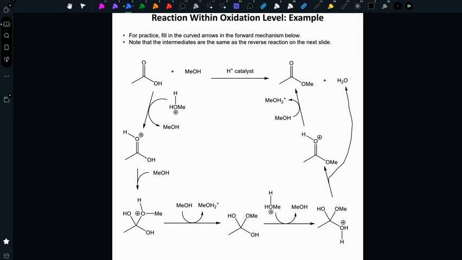So in my mechanism, I see that there's an H plus catalyst, meaning we've added some acid to our mixture, and that acid is going to act as a catalyst. You may or may not have encountered that term before, but a catalyst is a substance that speeds up the reaction but doesn't get used up in the reaction.